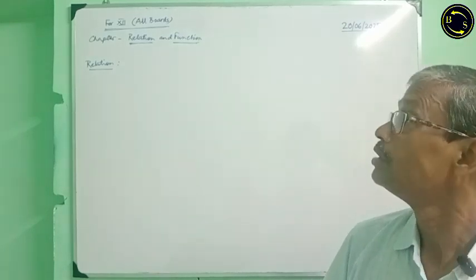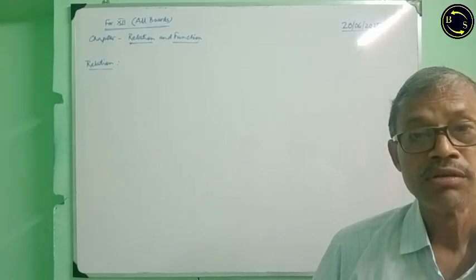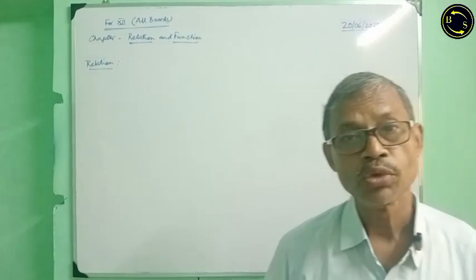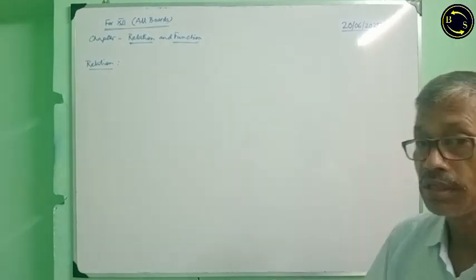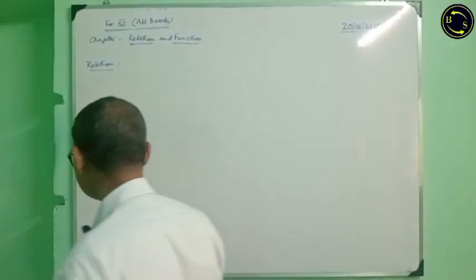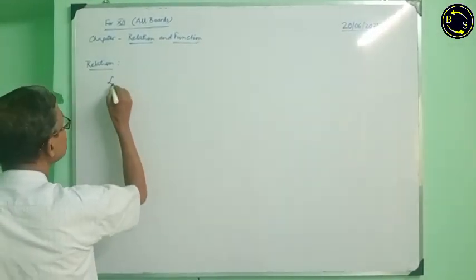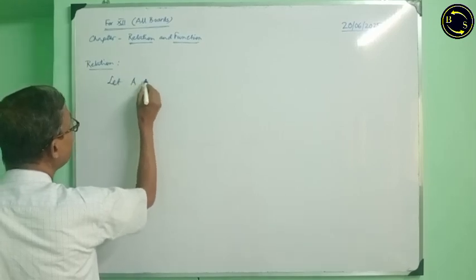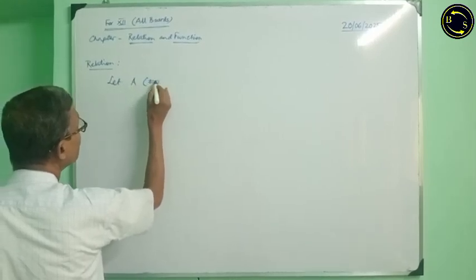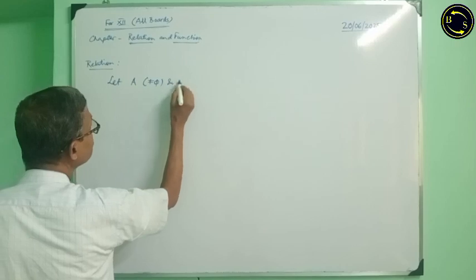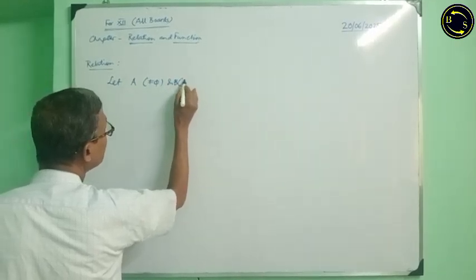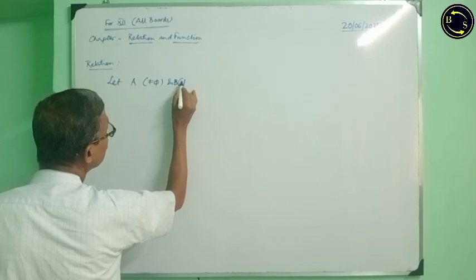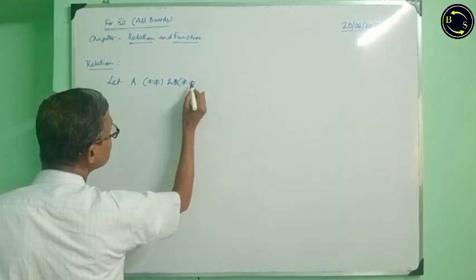I start relation first. First, we have to recapitulate. That is why I start like this. Relation. Let A and B both be non-empty sets.